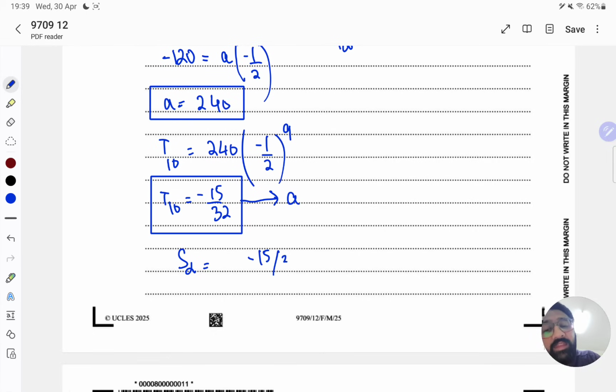So minus 15 over 32 divided by 1 minus r, which is 1 minus 0.5. So the value of the sum of infinity is minus 5 over 16.